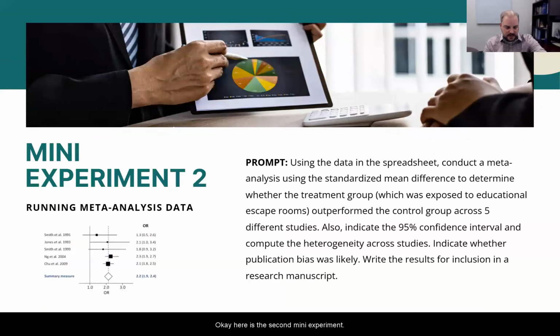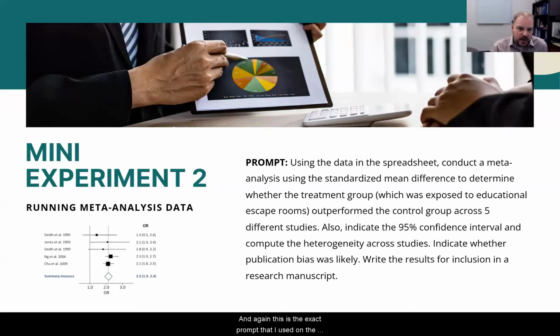Okay, here is the second mini experiment. For this iteration of testing, I wanted to know how well the same AI systems could handle meta-analyses. And so the prompt, as you see on the screen here, was asking for common statistical outputs for a meta-analysis, such as a pooled effect size with confidence intervals, as well as heterogeneity values, and then also an indication of whether or not publication bias was likely to be present.